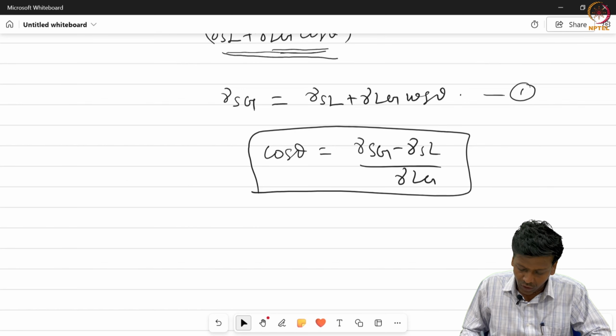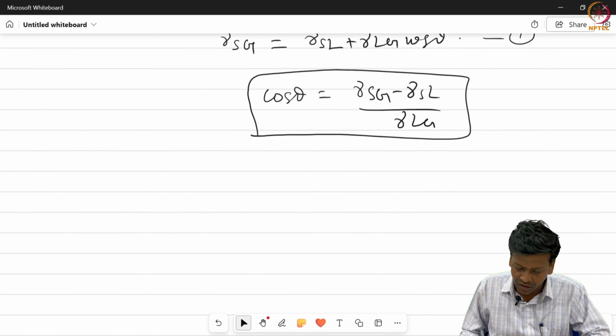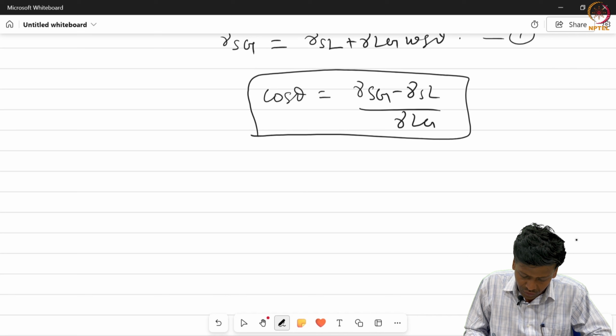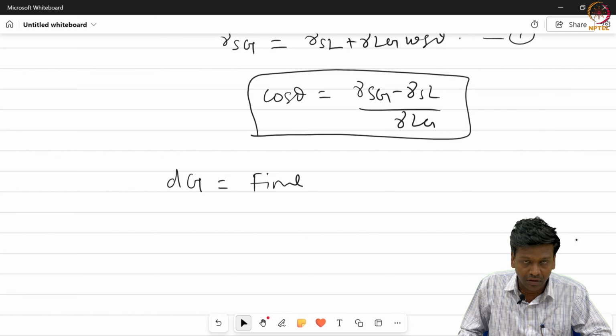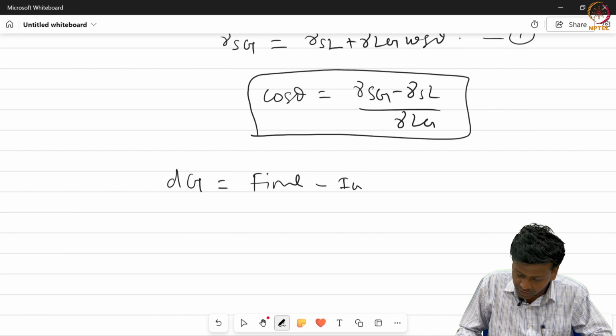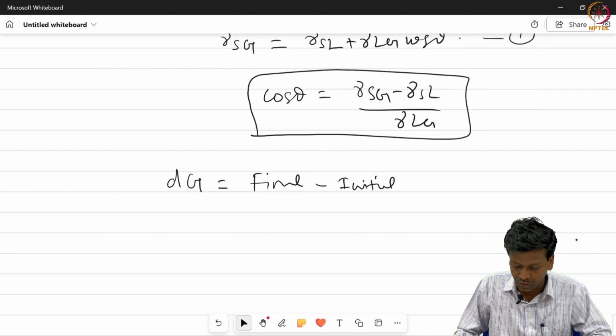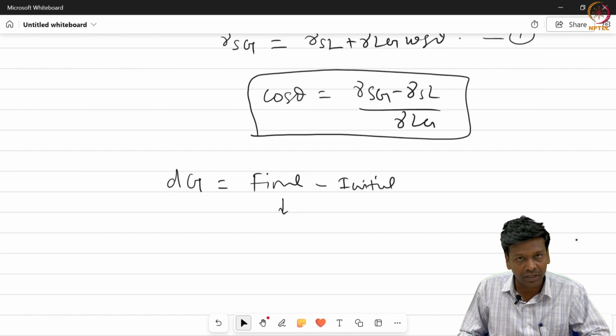One can derive this equation alternatively using the change in Gibbs free energy, which is nothing but the energy after the droplet attained equilibrium minus the energy of the initial configuration. If the droplet has to spread, the energy associated with the final configuration should be minimum compared to the initial, right?